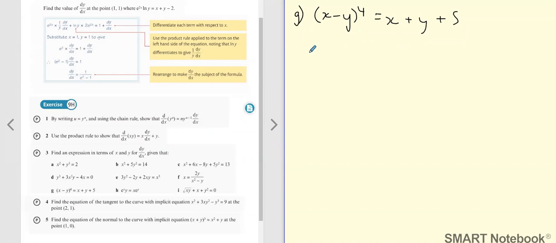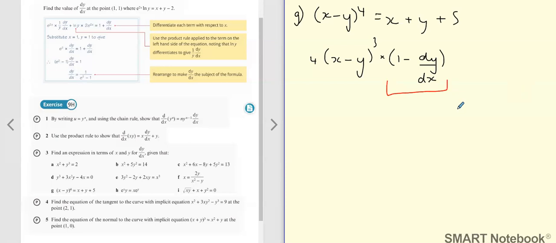Multiply the power down, take 1 away from the power and multiply by the differential of what's inside the bracket. So when I differentiate what's inside the bracket, I get 1 minus dy by dx. That was the key thing. This area here is where most of the mistakes are made.